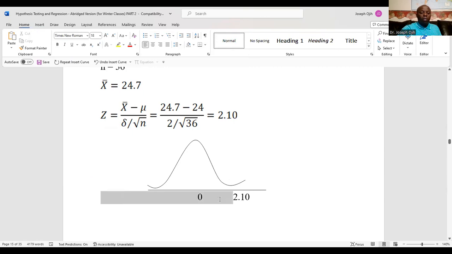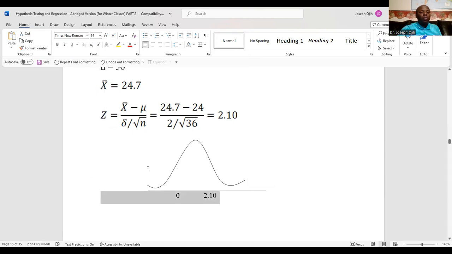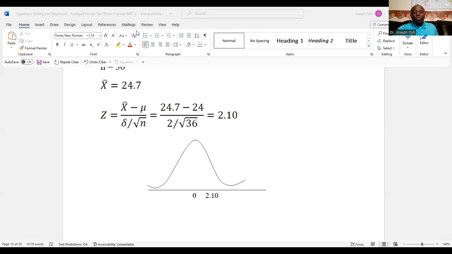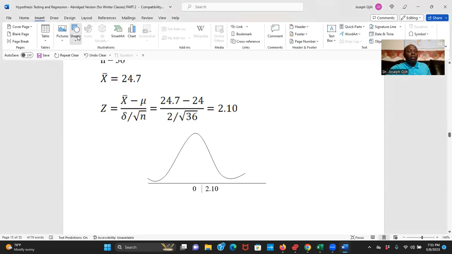Okay. Now, so we can get our p-value. You can see where our 2 is. When I say 2, I mean 2.1. And I can put our center line, which represents the mean.